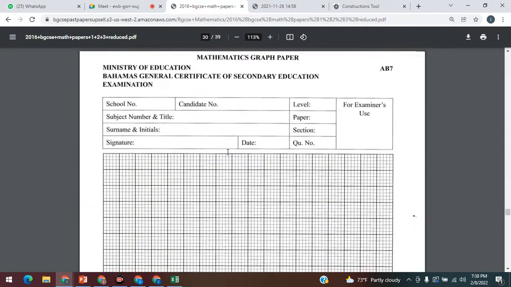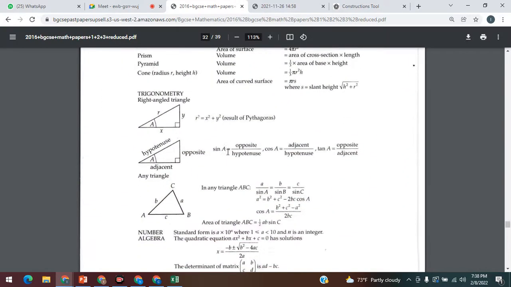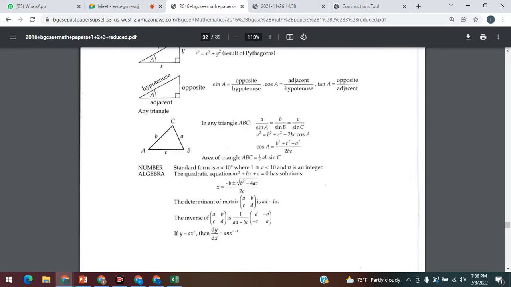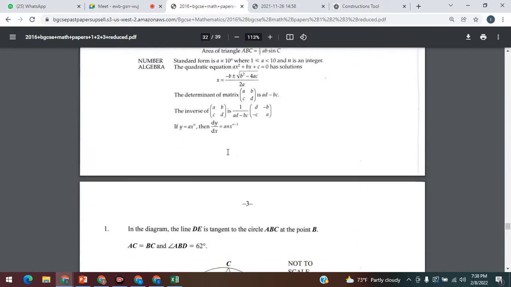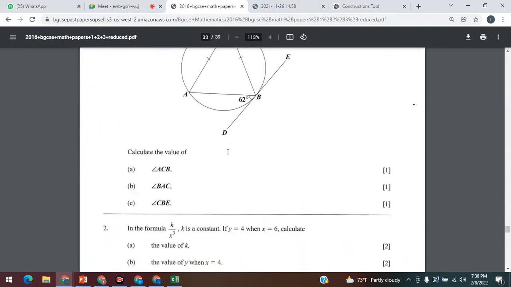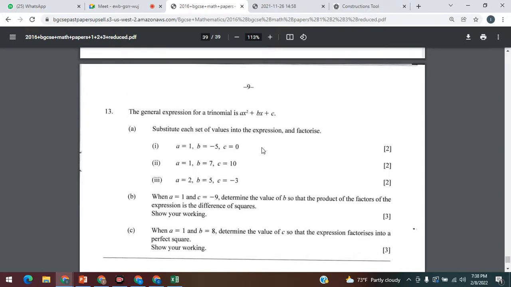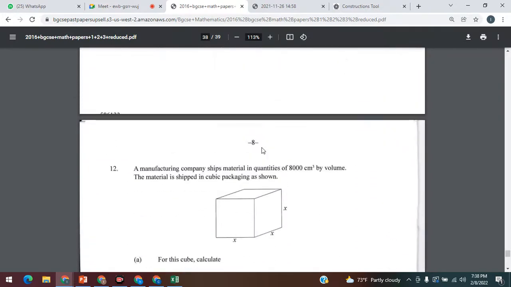Mr. Badi, yes, sir. How would we attempt that question with the circle and triangle? We come into that, eh? Isn't that a part of the paper? So we are at number 13. After number 13, I'm going to number 12.